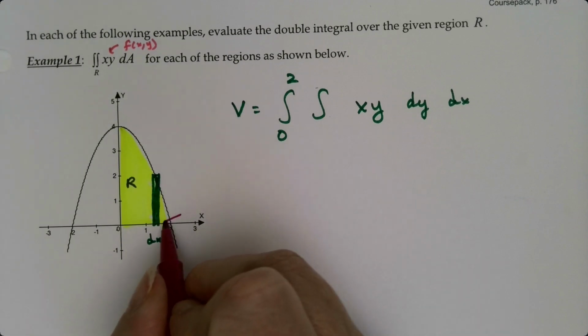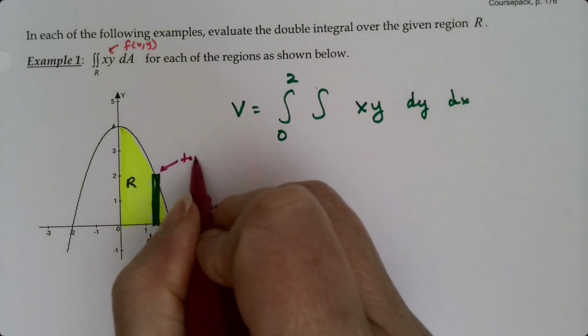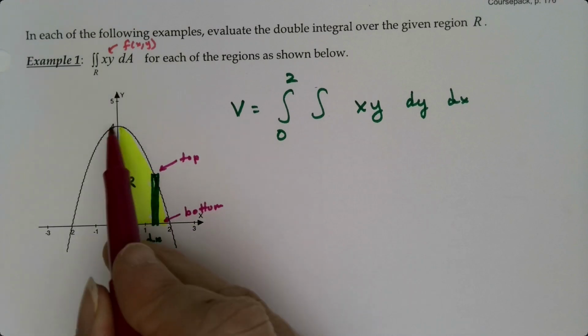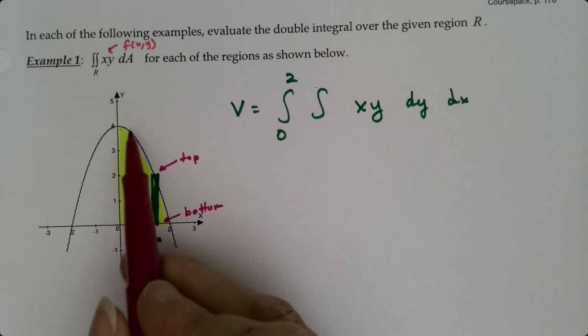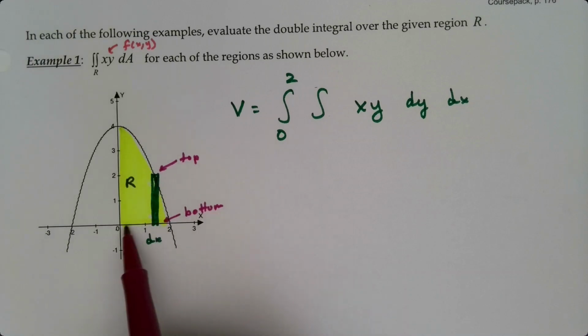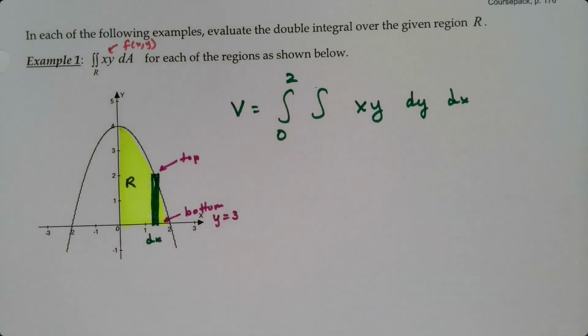The harder part is the y values. So we need to go from the bottom to the top. And we can't put numbers in because it's varying. Sometimes it's a longer rectangle than a shorter rectangle. So the bottom is actually always the x-axis. So that would be y equals 0.